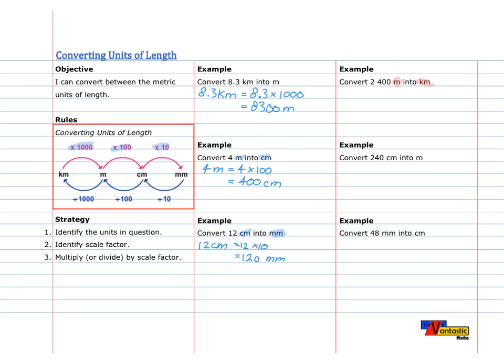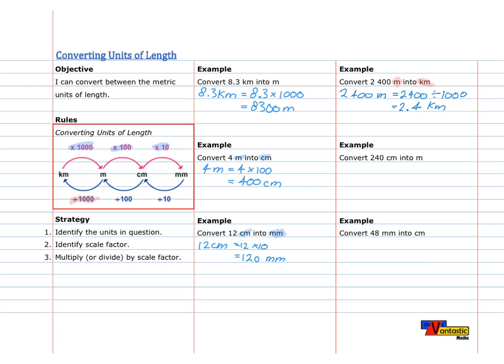And when I go from meters into kilometers, we divide by 1,000. So 2,400 meters is equal to 2,400 divided by 1,000, which is 2.4 kilometers. Always make sure you include those units.